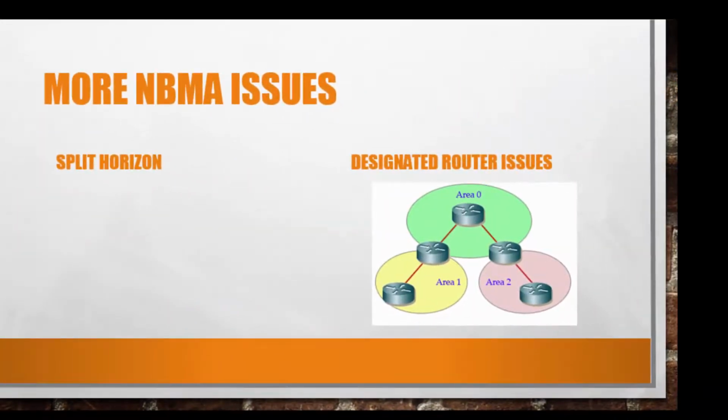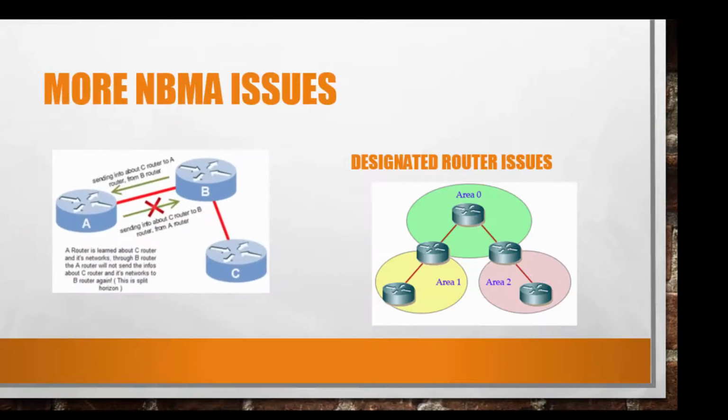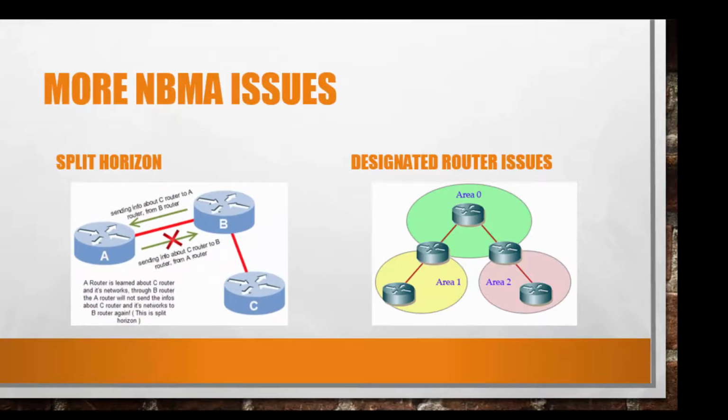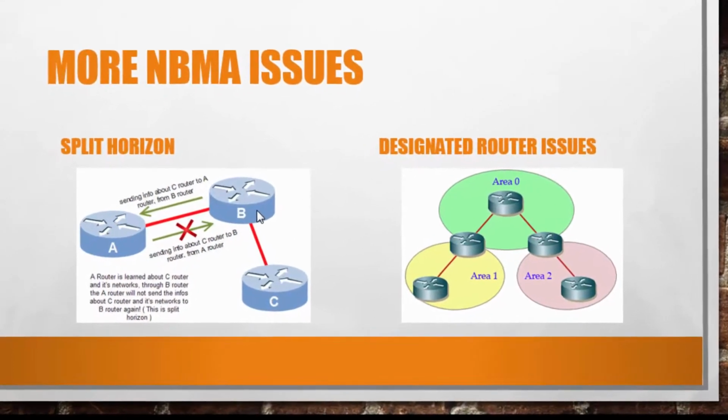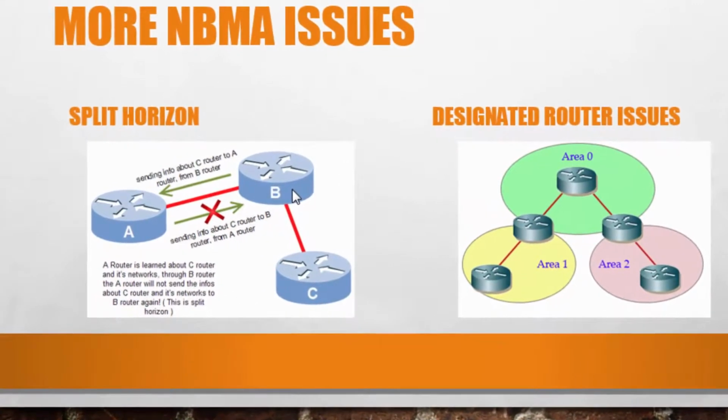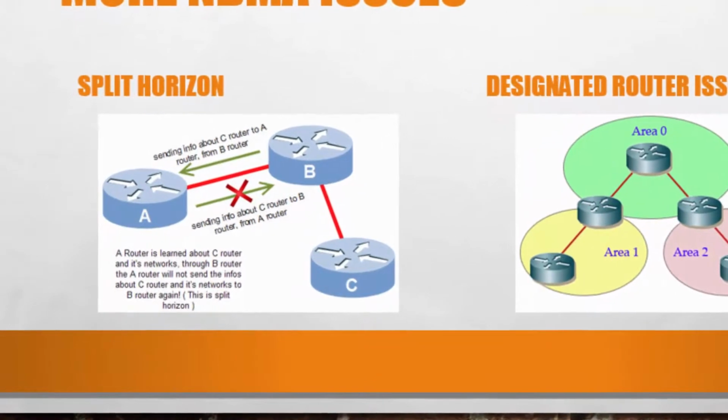So you can have that issue very specifically, but you can have more issues in the NBMA environment. For example, split horizon. Basically what it says is that routes learned on an interface are prevented from being advertised back out the same interface. For example, you see over here, router A learns about router C through router B, but it cannot advertise it again.